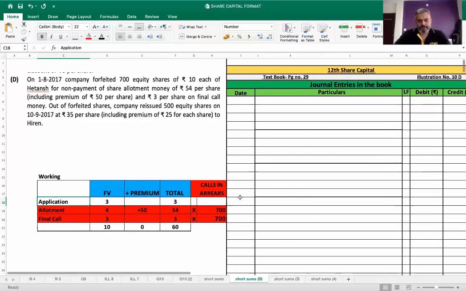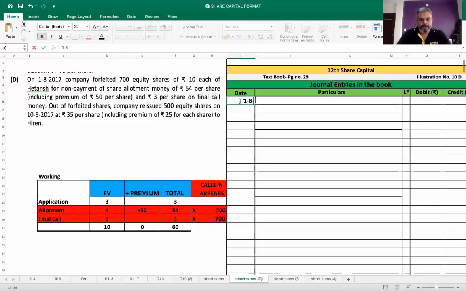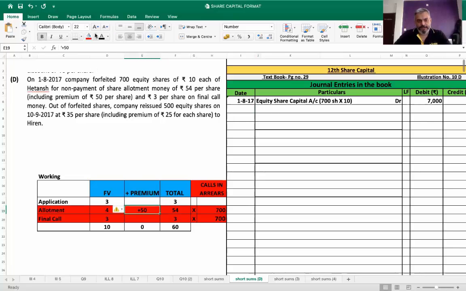Now, let's start. Date when we forfeited was 1/8/17. So equity share capital account debit. How many shares? 700 shares into 10 each, 7,000. Now premium, as you can see this premium of rupees 50, we have not yet received the premium of 50 rupees.